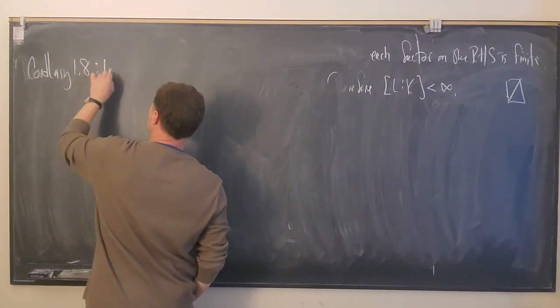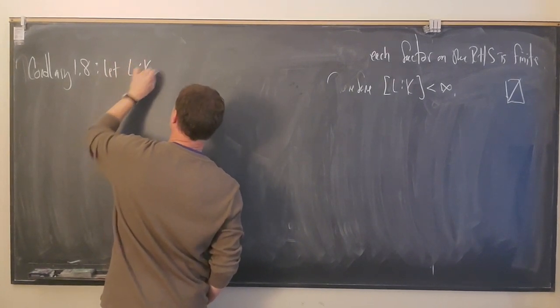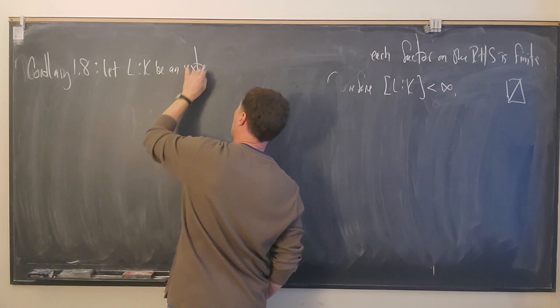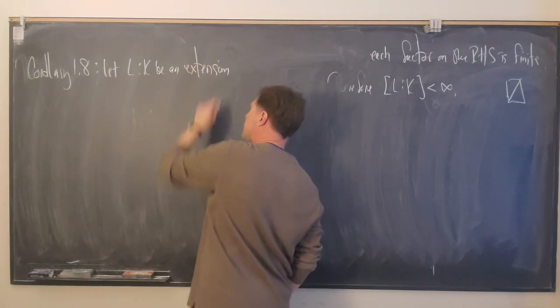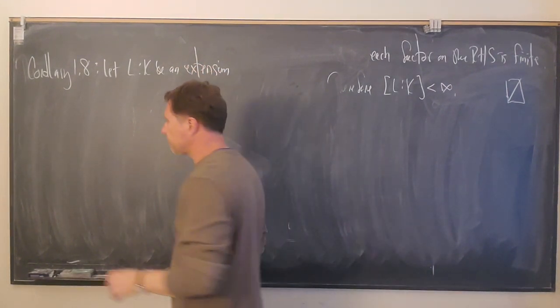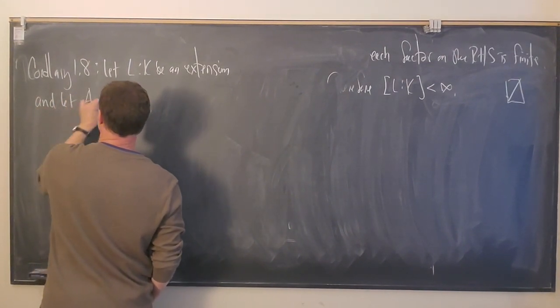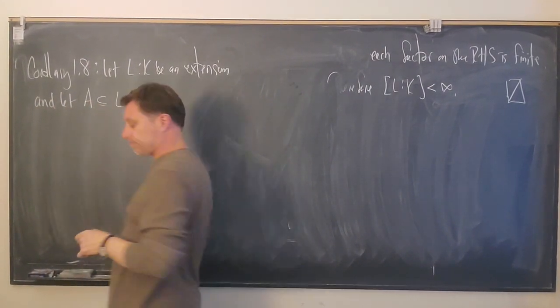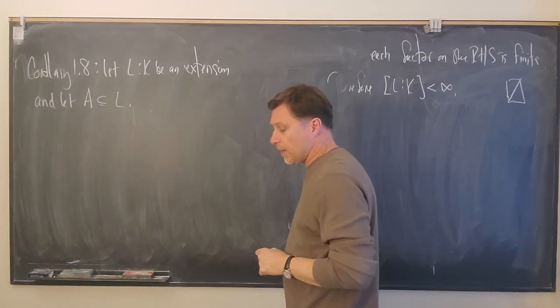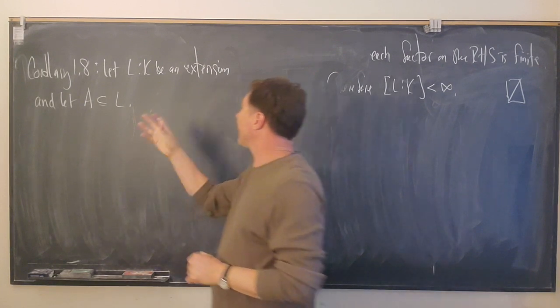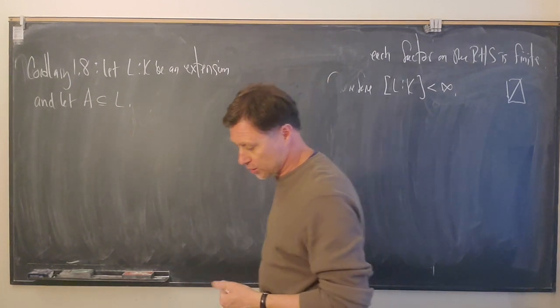So let's let L over K be an extension, and let A be a subset of L. Now, if every element of A is algebraic, then when you adjoin A to K, you get an algebraic extension.